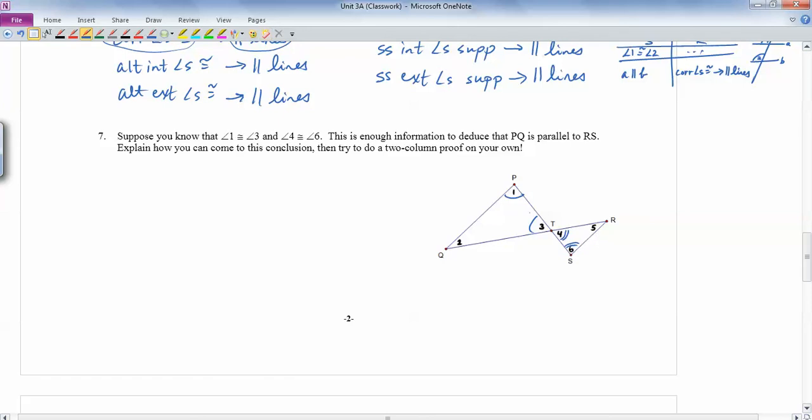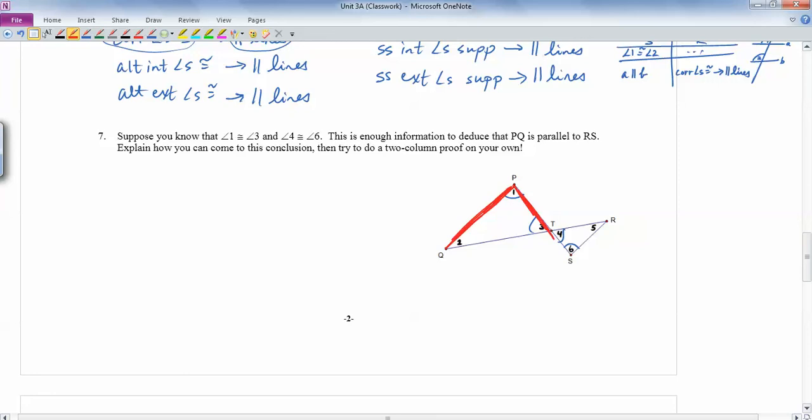Okay, well, 1's congruent to 3. I know 3 and 4 are the same because they're vertical angles. So really anywhere that there's 1 curve or 2 curves, they're all equal. So 1 equals 3, 3 equals 4, 4 equals 6. So 1 equals 6. If you look at 1 and 6 and the lines that form them, there's one line that forms 1.